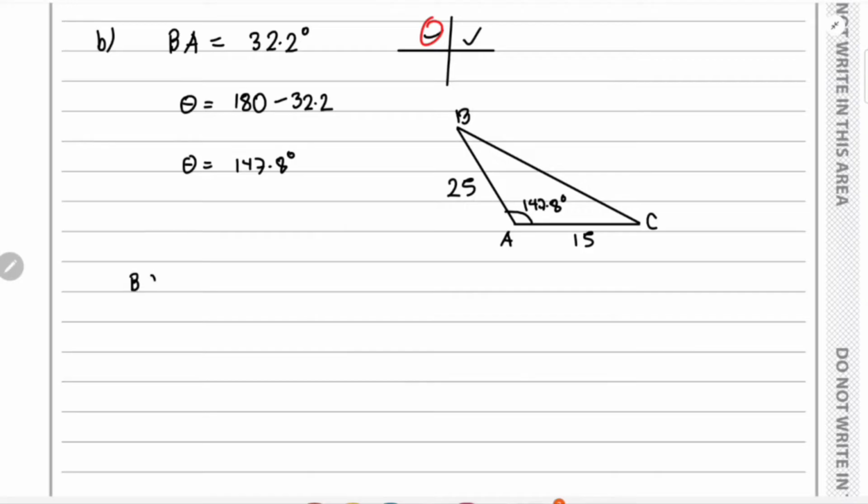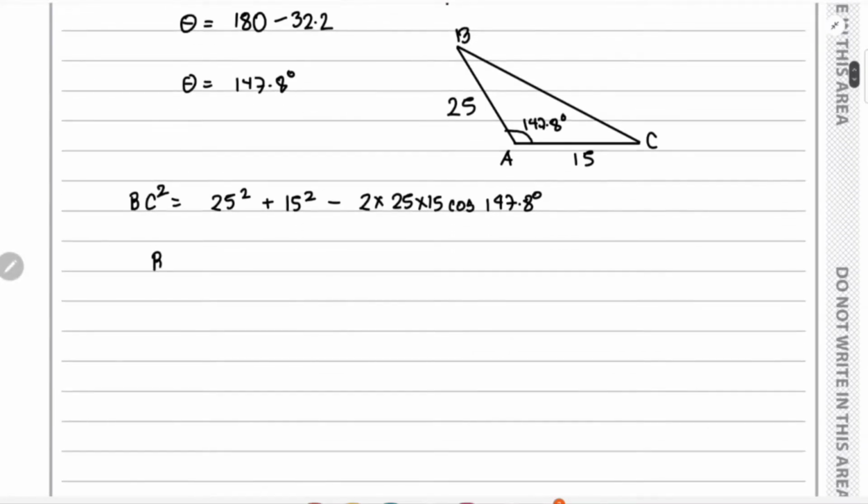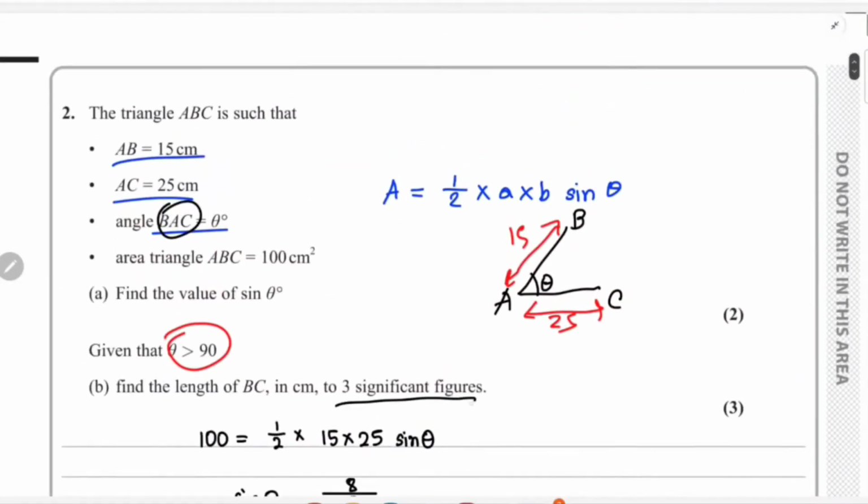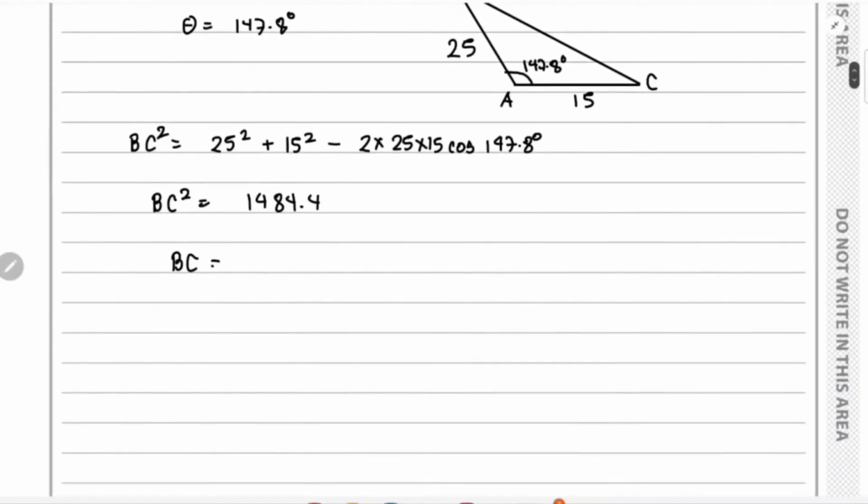BC squared will be 25 squared plus 15 squared minus 2 into 25 into 15 cos 147.8 degrees. Oh, my bad, this will be BC squared. So BC squared would be 1484.4, and BC we have to find to 3 significant figures, and it would be 38.5 centimeters.